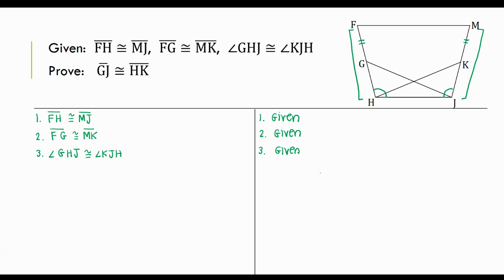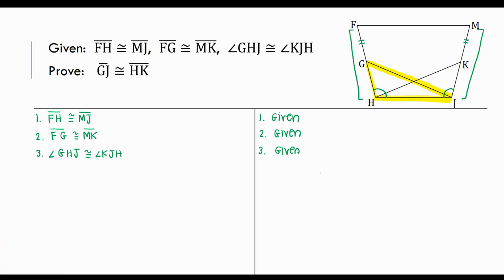So that might help us visualize things a little bit better. But notice that because of the angles that I just marked that were given, and notice that what I want to try to prove congruent is the segment GJ, which is this segment right here. Notice that the angle of GHJ would mean that, hey, maybe we should focus on this triangle.